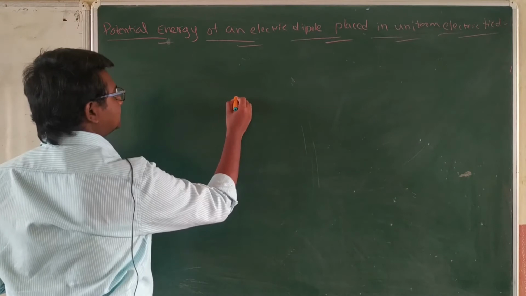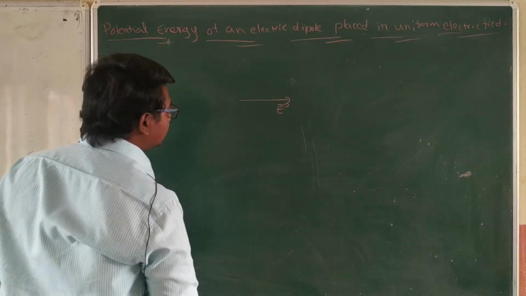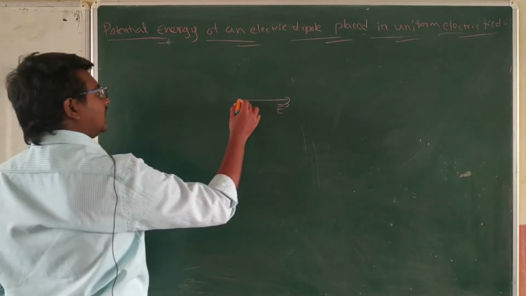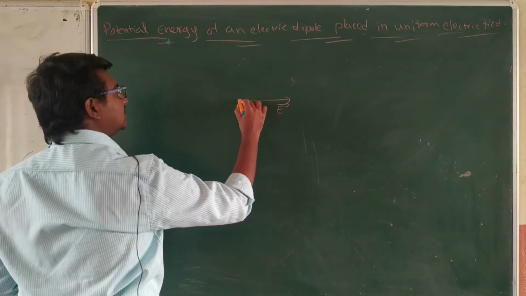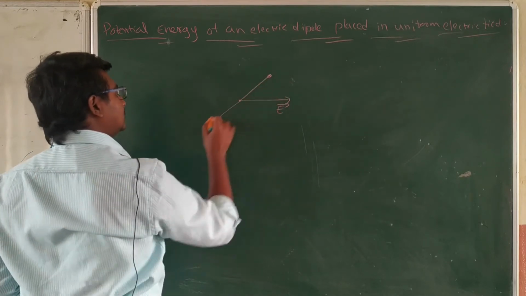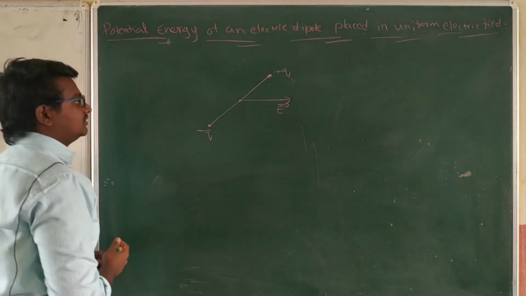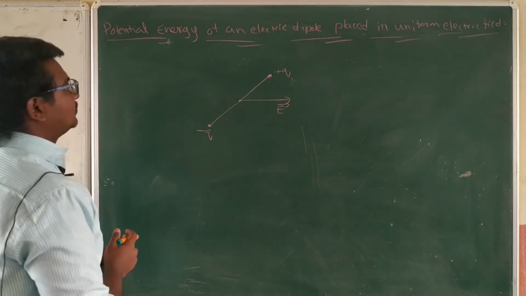Let's consider an electric field E bar going in this manner, and here we consider the same dipole, one negatively charged and one positively charged, whose separation is small d.